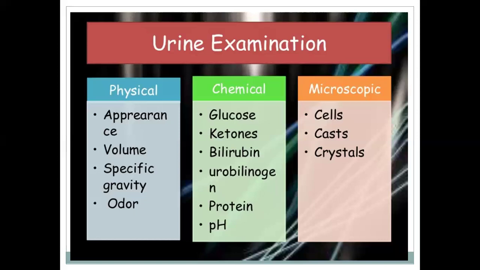Then presence of ketone bodies. The three metabolic products, that is acetoacetate, beta hydroxybutyrate, and acetone, are collectively called ketone bodies.